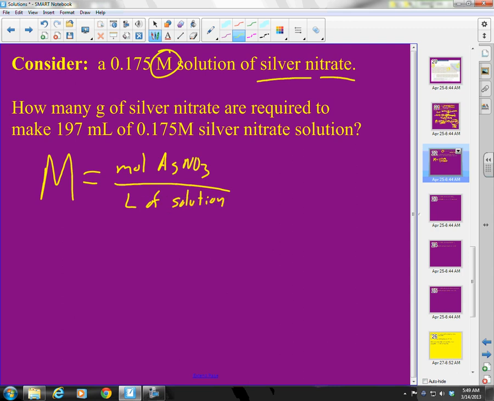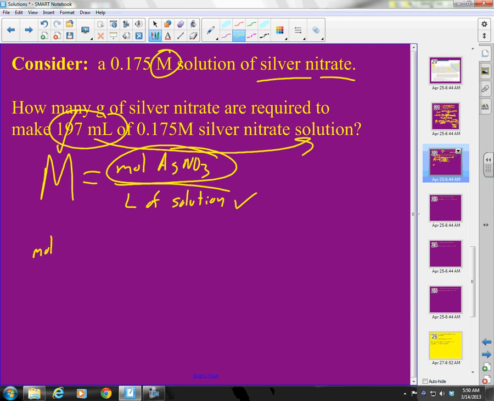What is given? I'm given molarity, and it says how many grams of silver nitrate are required to make 197 milliliters of solution. So they give me the volume of solution. What do I need to do? I need to solve for moles of silver nitrate.